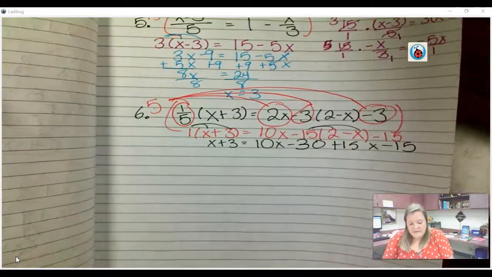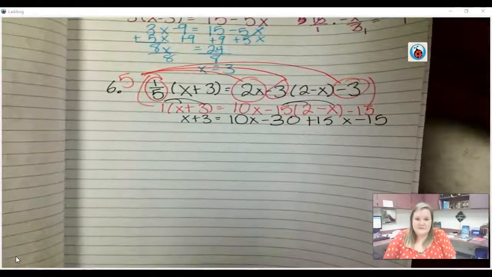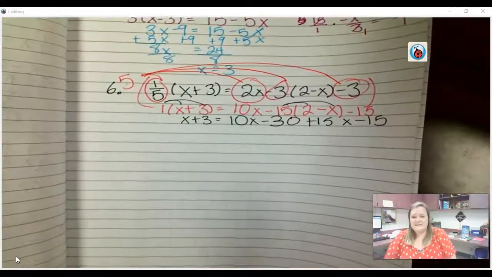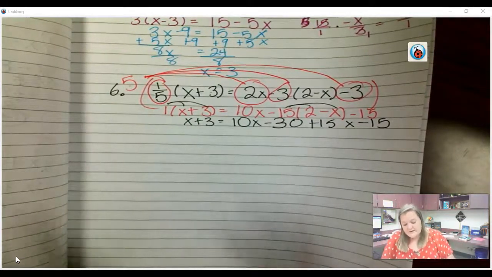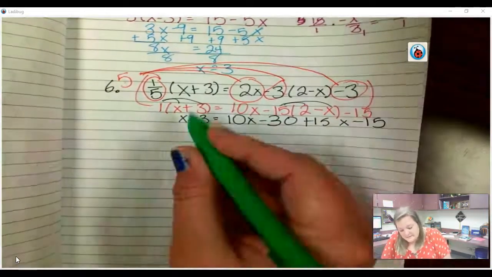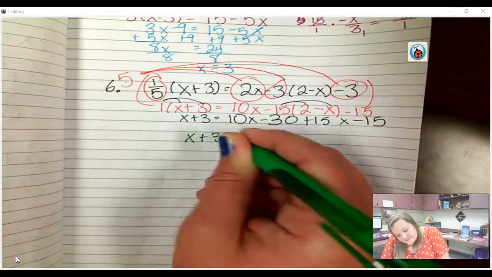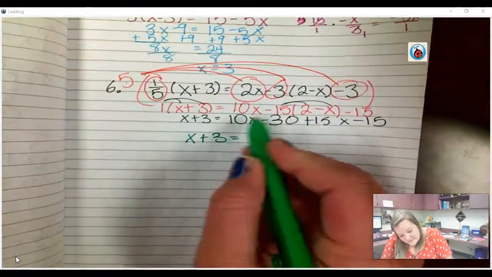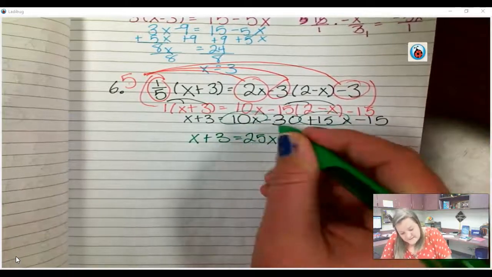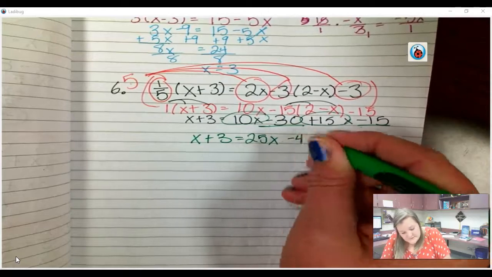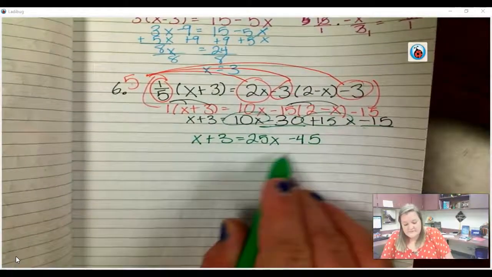Okay, I'm not entirely sure if it has a complete answer, so let's see if it has an answer. And if not, it's a learning opportunity for why you shouldn't allow me to create problems in class. So we have x plus 3 is equal to, combine like terms, so 10 and 15, so that's 25x, it's not looking good, minus 45. Bigger x is on the right for that 25.